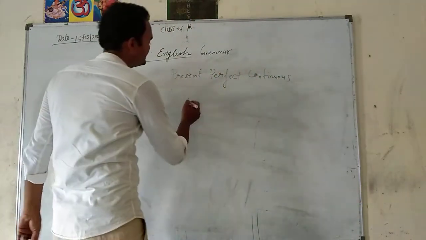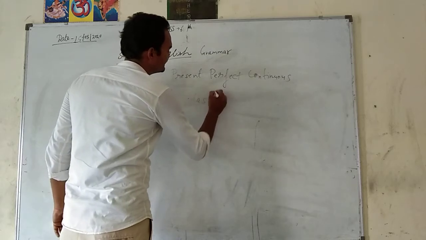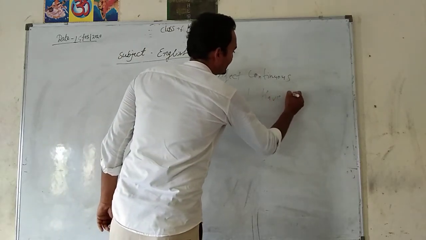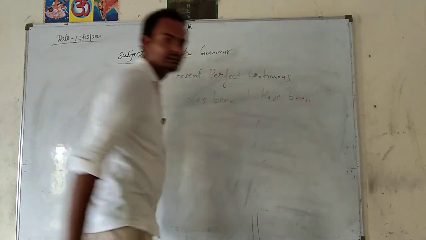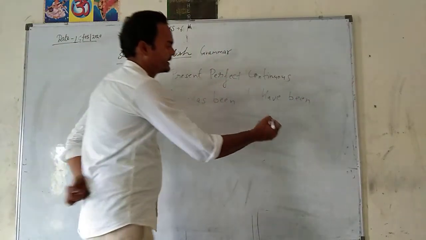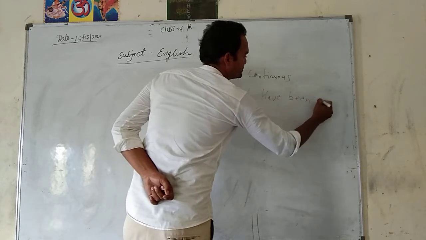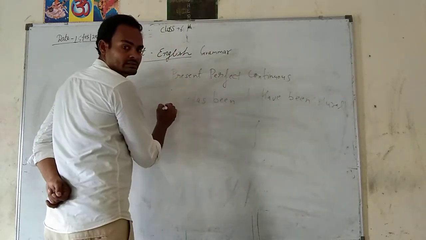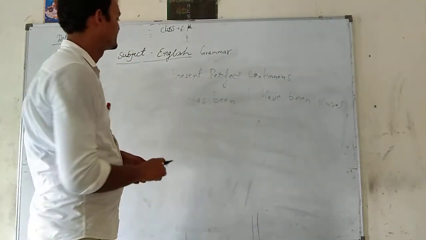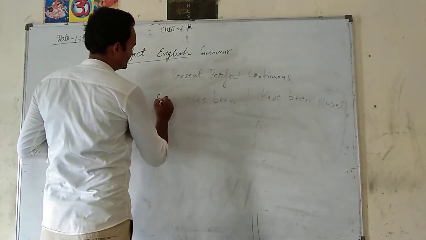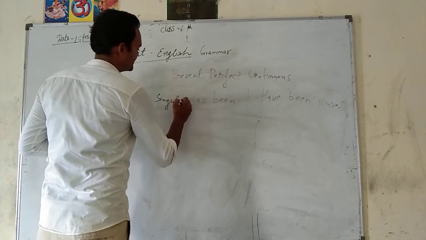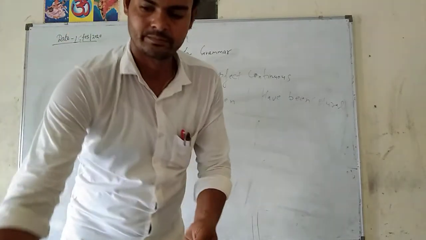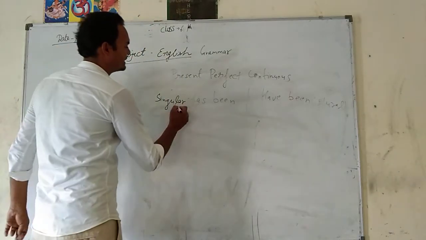In helping verbs, that is has been and have been. Like has and have, have been is used with plurals and has been is used with singulars.